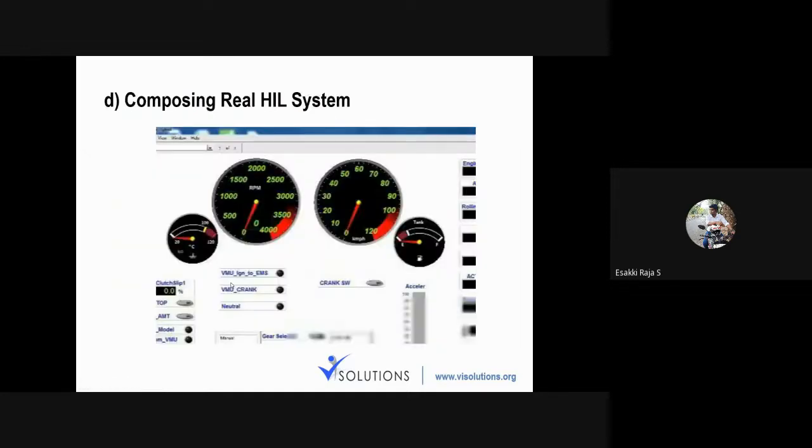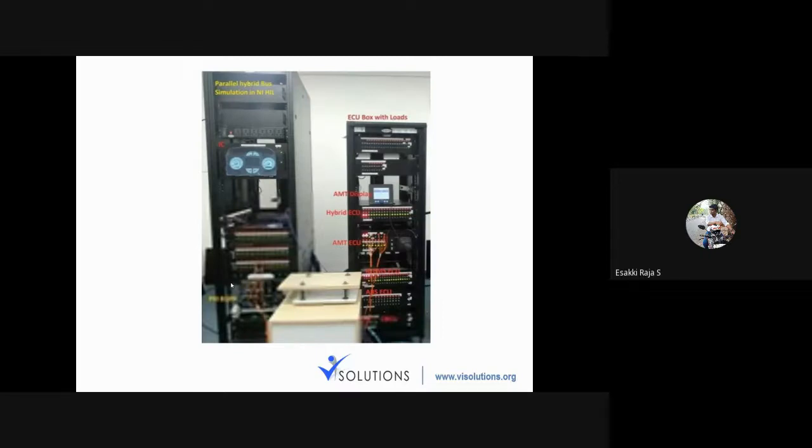This dashboard is from Tata. They have completed their testing on LabVIEW only. This is their setup. The left side one is the HIL setup, which does the functionality of a motor, with similar features to a motor.